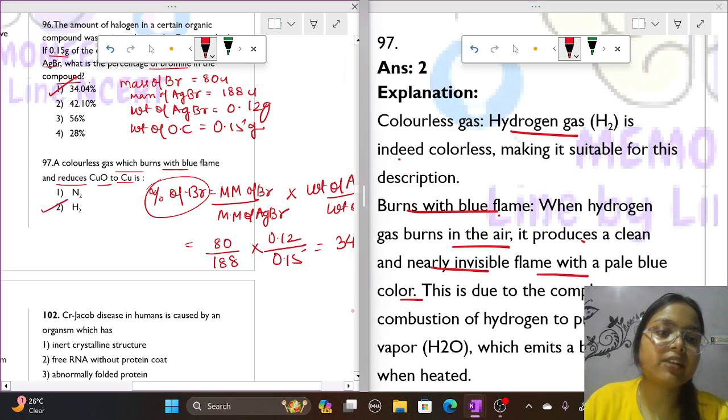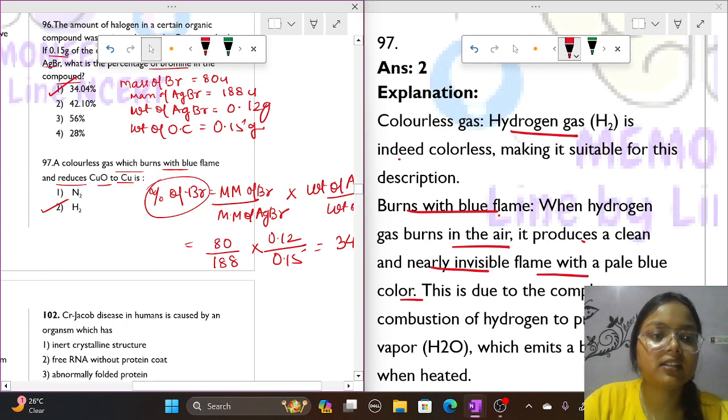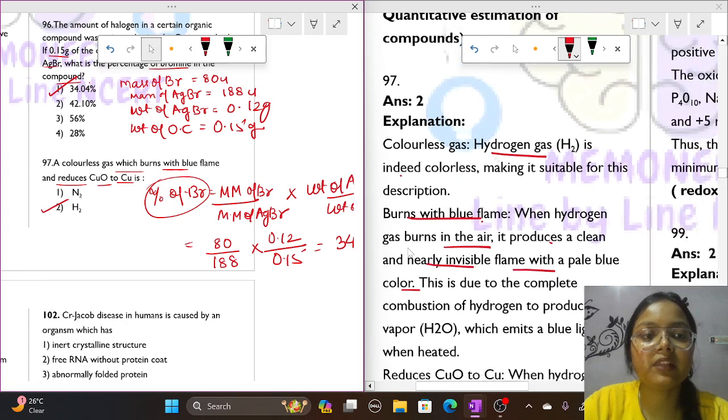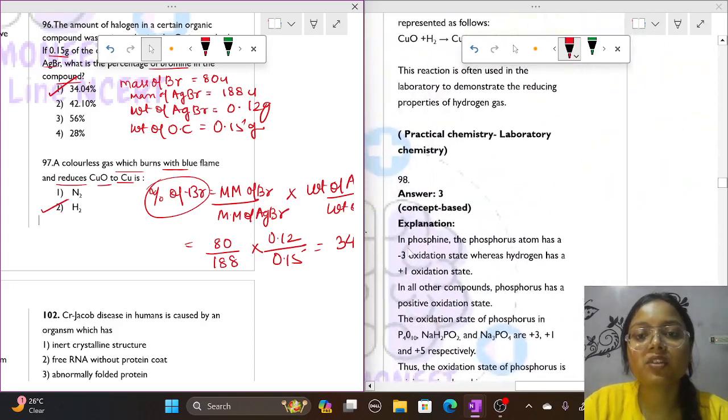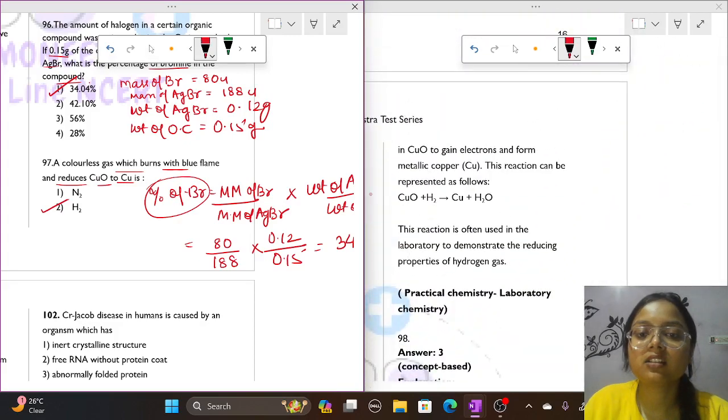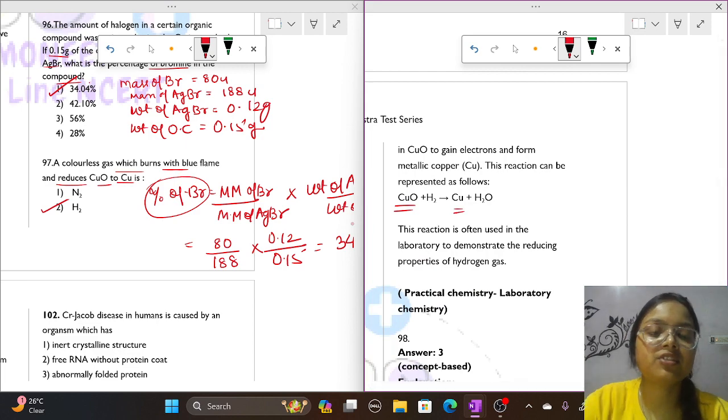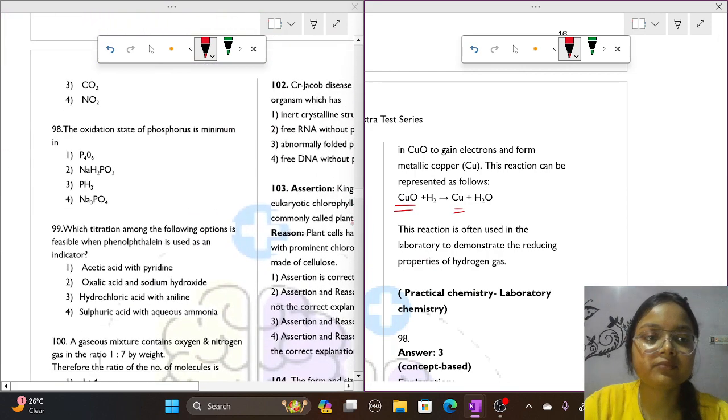So hydrogen gas burns with blue flame and it also reduces copper oxide to copper. For this reaction we can see there it reduces copper oxide to copper. So hydrogen gas is the correct answer.